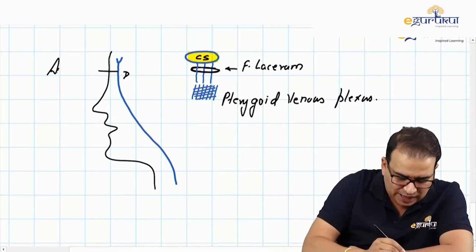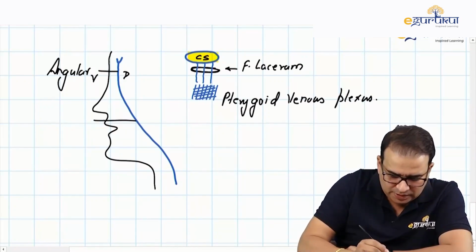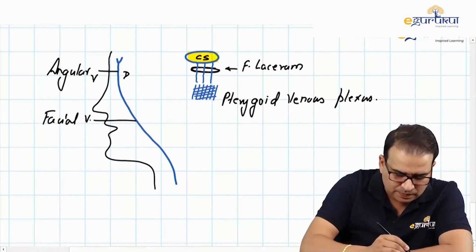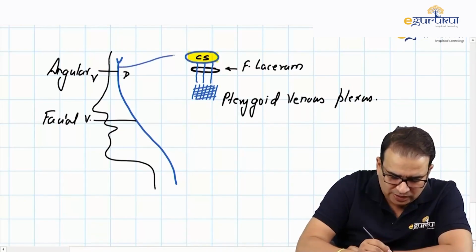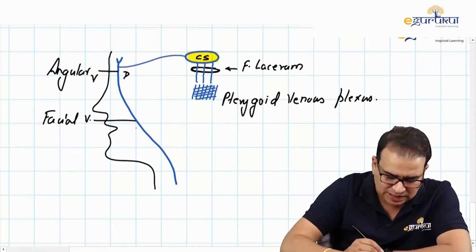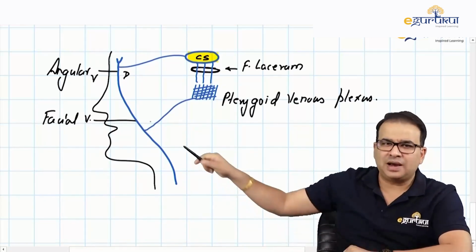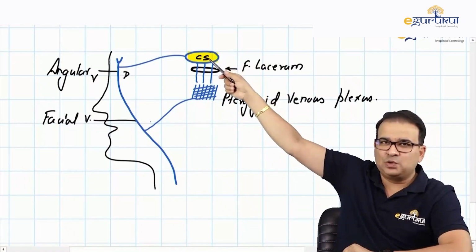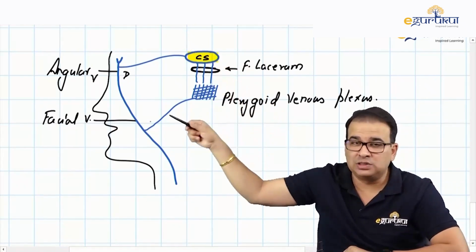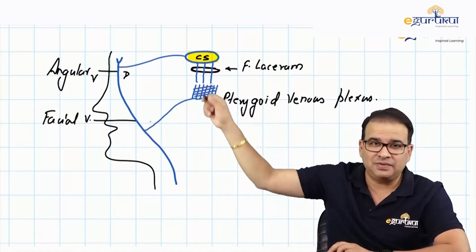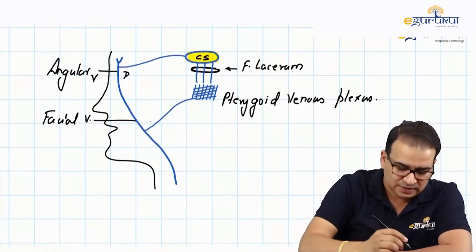Now this is the angular, and here is the facial. So we have a connection of the angular vein directly to the cavernous sinus, and a connection of the facial vein to the pterygoid venous plexus, which ultimately is going toward the cavernous sinus only, because both these connections are emissary connections. They are emissary veins. They do not have valves.